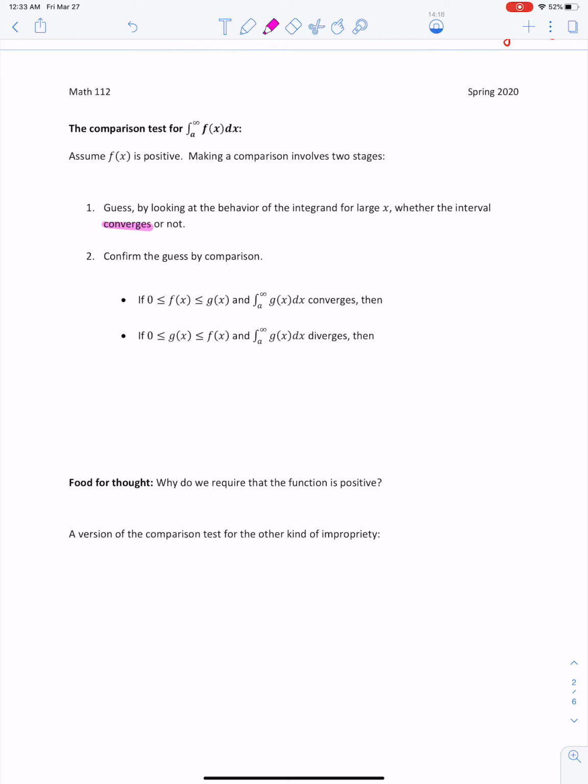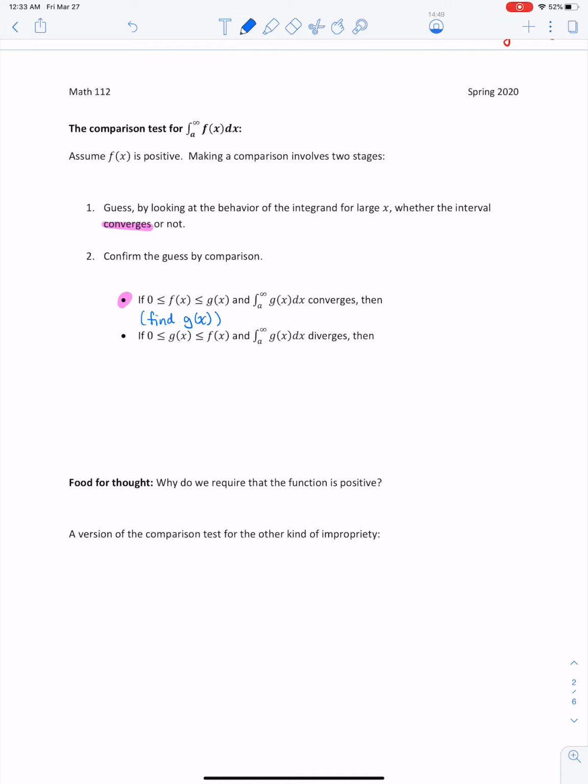So if our integral converges, then we needed to find a g of x that satisfies this inequality here, so we need to find a g of x that's bigger than our f of x and which converges.